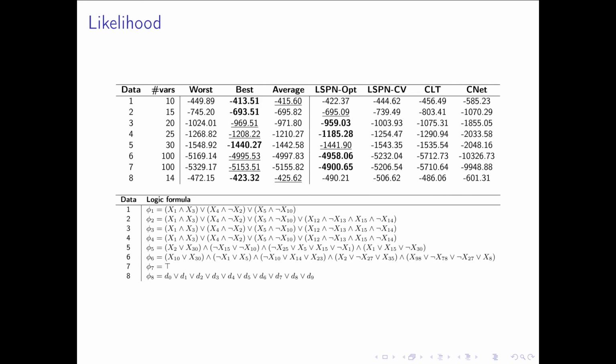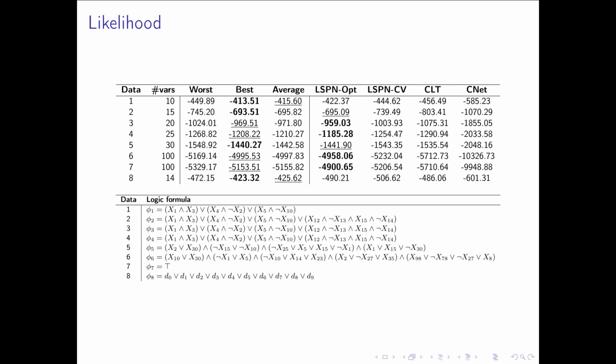We compared them to LearnSPN in two settings, where one was an optimistic hyperparameter optimization of sum-product networks, which are probabilistic circuits similar to PSDDs, but they do not have the same restrictions that PSDDs have. So they are more flexible, but they are not able to encode logic formulas. And so this LSPN optimistic competitor had their hyperparameters optimized on the test set. And so it gives very, very optimistic results.